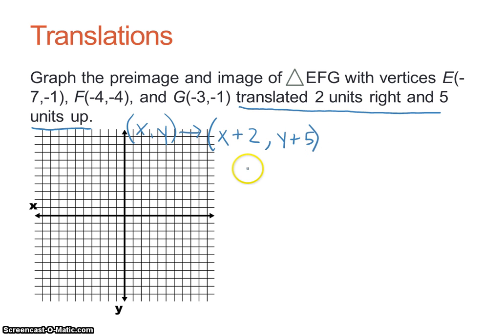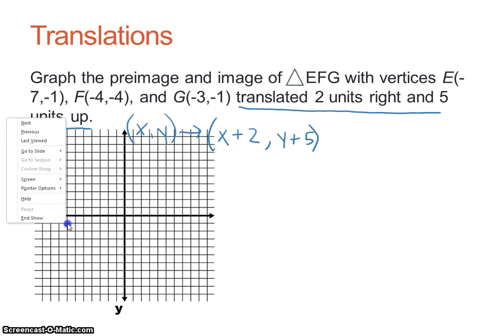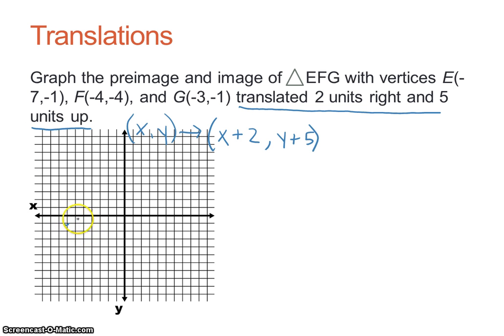Alright, so if we look at our graph, we can plot our vertices. So we have (-7, -1). There's one point. And then we're going to label this with an E, because this is our preimage.